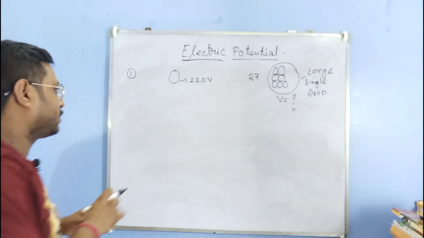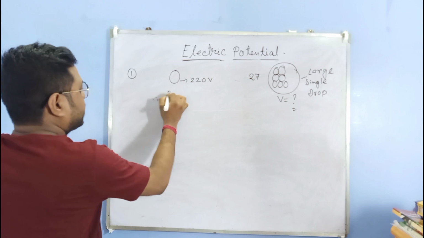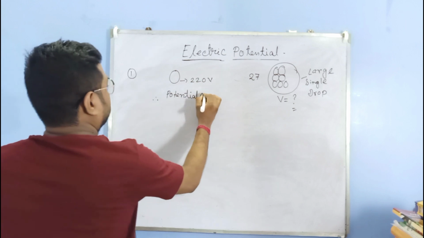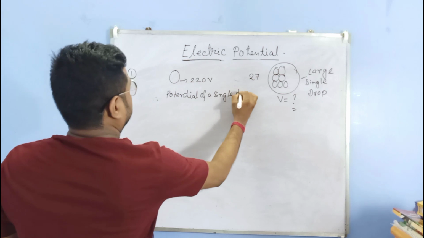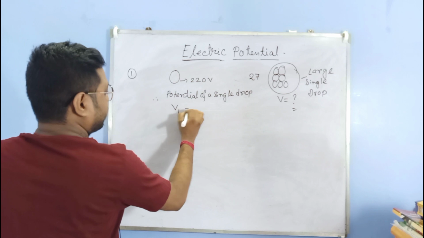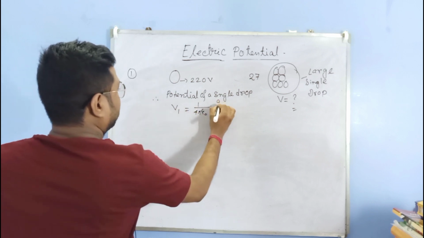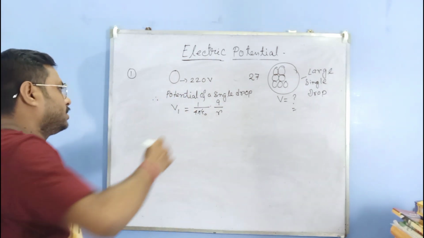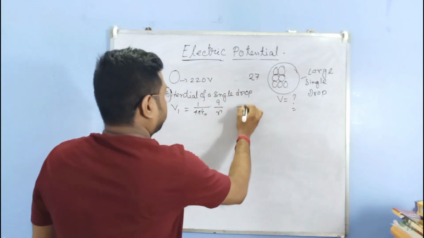So we have to find out the potential of a single drop. We can say V1 equal to 1 by 4 pi epsilon naught Q by R. Q is 220 volt, we can put it later.